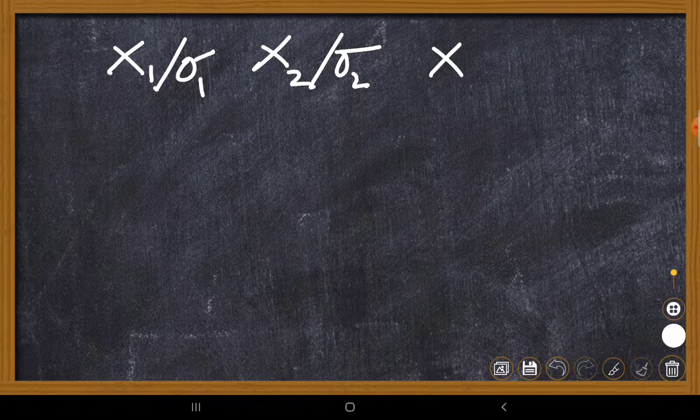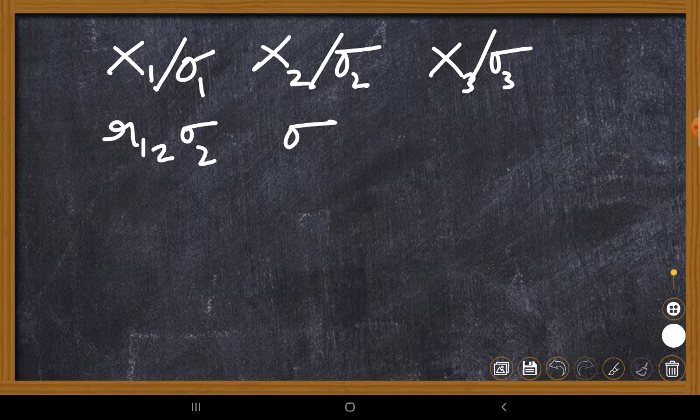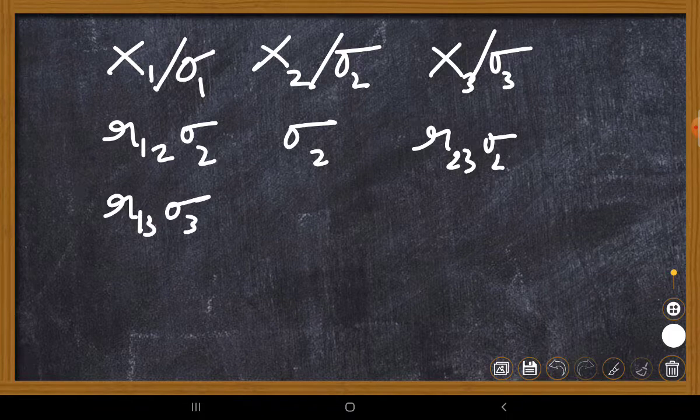We will have x1 by sigma 1, x2 by sigma 2, x3 by sigma 3, and then here we'll have r12 sigma 2, and then sigma 2, and then r23 sigma 2, and then r13 sigma 3, and then r23 sigma 3, and then sigma 3.